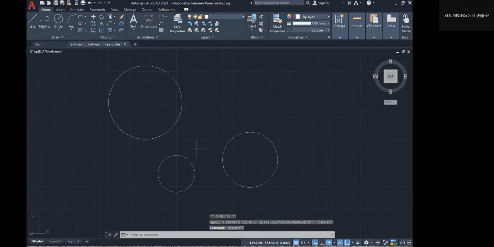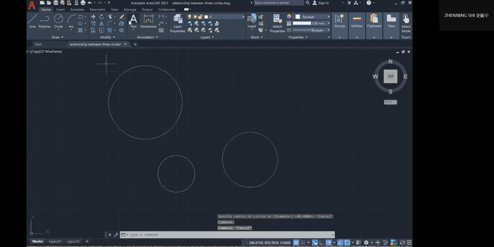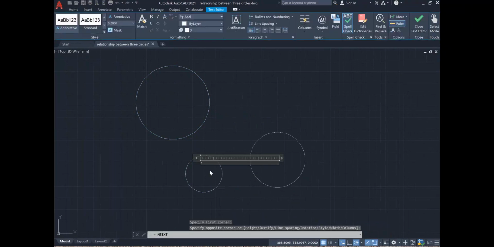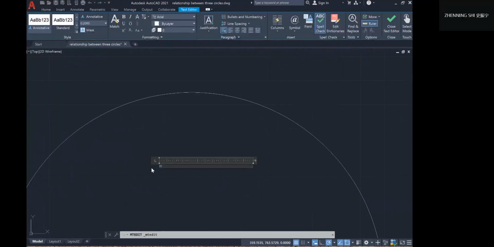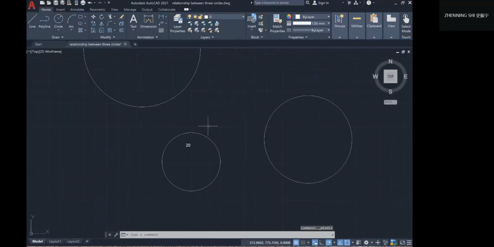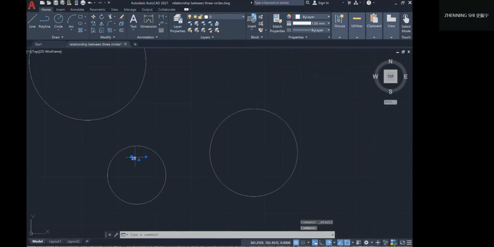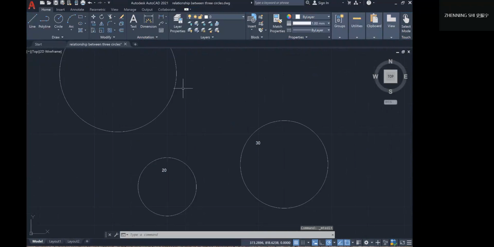Okay, so I think the first thing I have to draw is the first auxiliary line, this one is 20. Sure, I will draw. It's 20, and this one is 30. This figure means the radius. Okay, this one is 13.